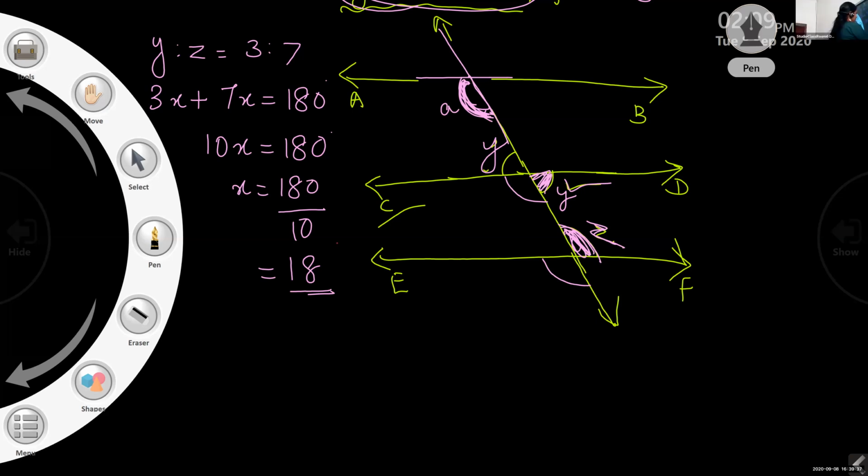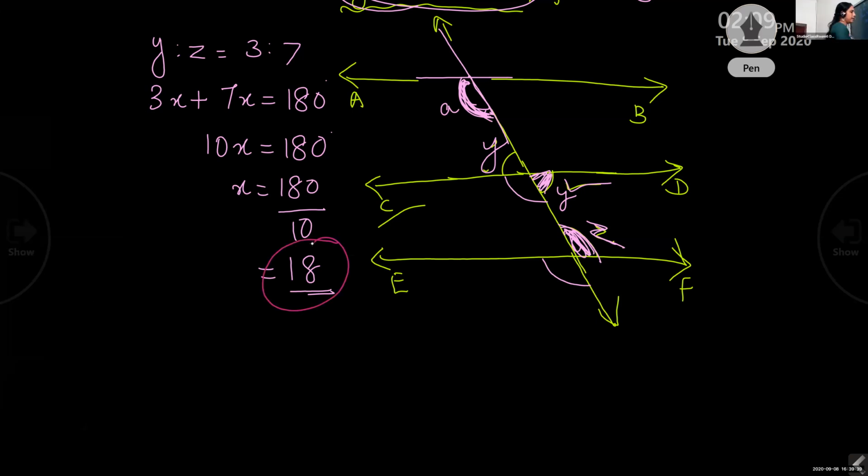Did you understand how we got 18? Because Y and Z are supplementary angles. How did we get Y here? Because these two are vertically opposite angles. So Y and Z are supplementary. When you substitute 3x plus 7x equal to 180, you get 10x equal to 180, so x equals 18.